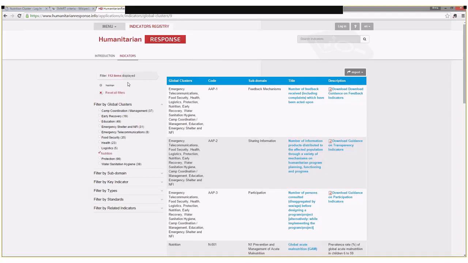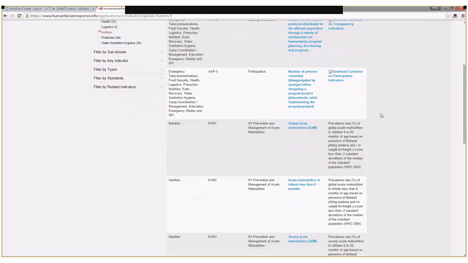Whatever filter you select, first you will always have 3 indicators on accountability to affected population that have been decided at the intercluster level and recommended to use by all the clusters for the AAP related monitoring. But then below this you will go to the indicators which I just described.